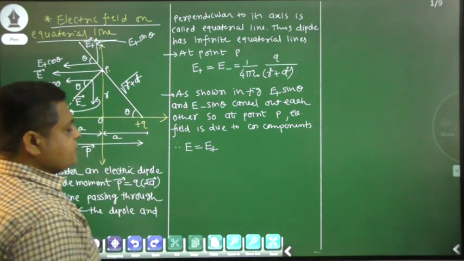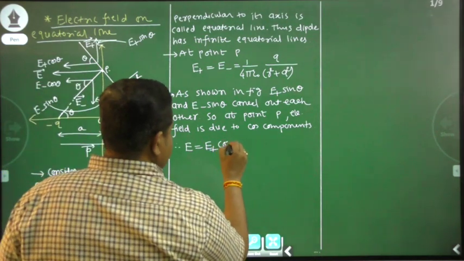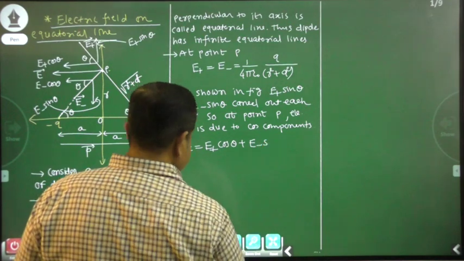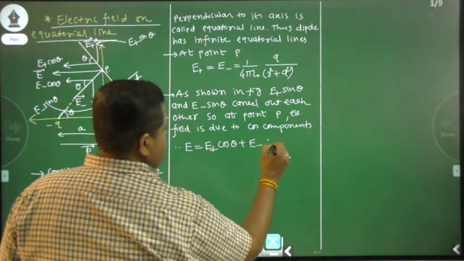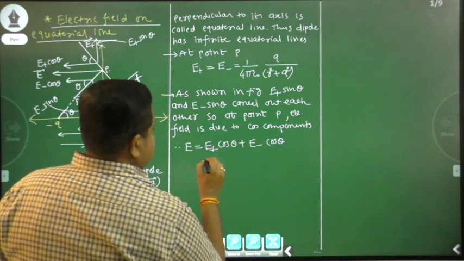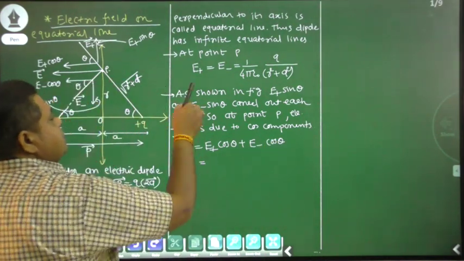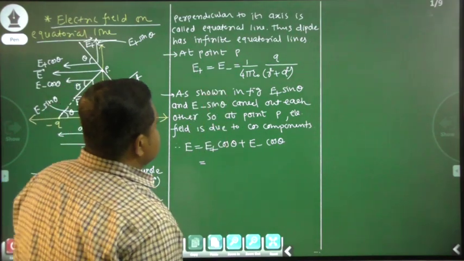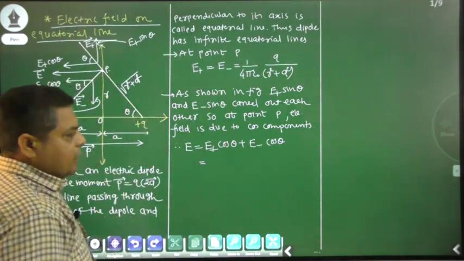But the magnitude of electric field of the positive charge and of the negative charge are equal.